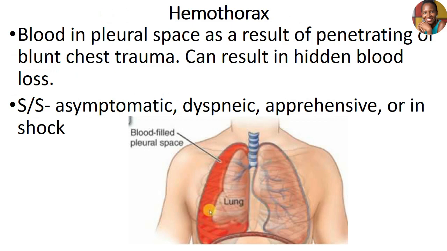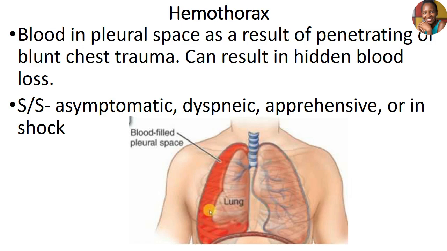So our next type of injury is hemothorax, and hemothorax simply means blood accumulating in our pleural space. This blood can accumulate in that space due to different things, but here our main focus is the cause by injuries. So in the presence of a chest injury, either penetrating or blunt, it can lead to hemorrhage or bleeding.